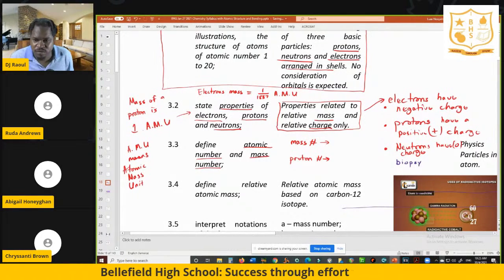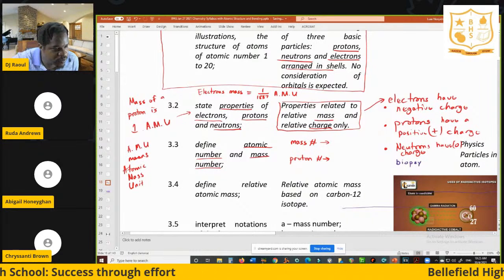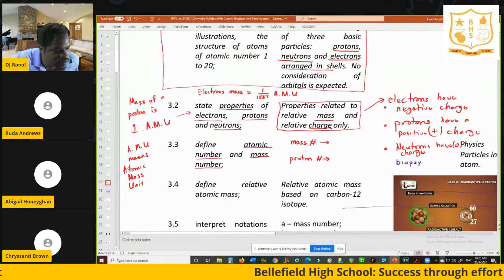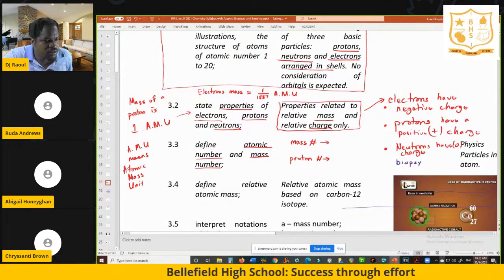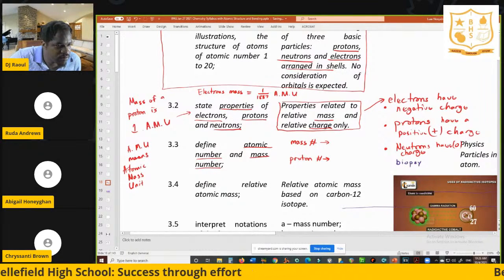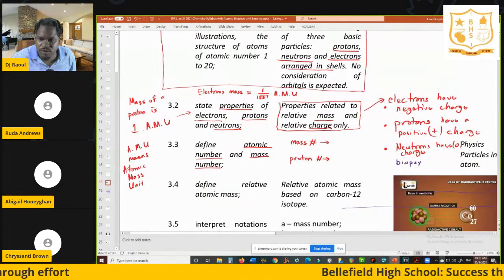Okay, hold on. I heard two persons talking, sounds like between Abigail and Chrisanti. Sir, atomic number is the amount of protons in the nucleus of an atom, sir. Okay.